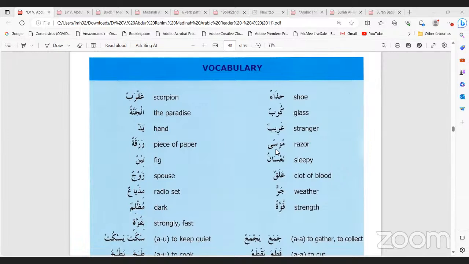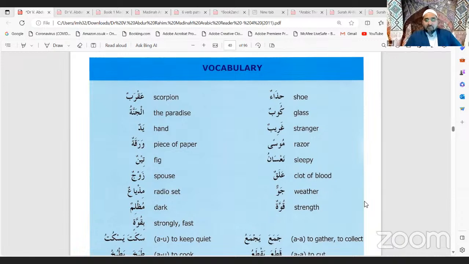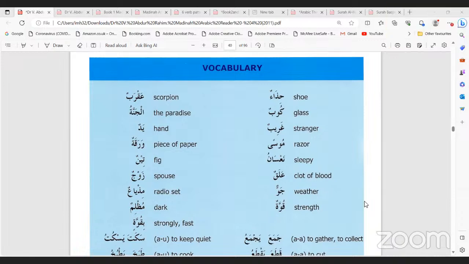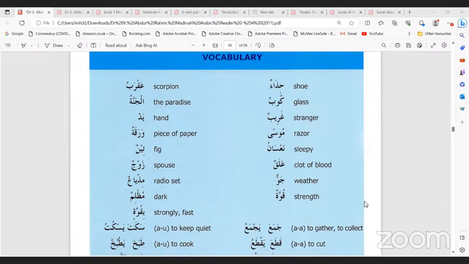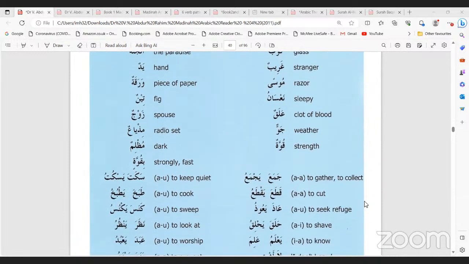Hidha'un, shoe. Kubun, glass. Garibun, stranger. Na'sanu, sleepy. Alakun, clot of blood. Jawun, weather.